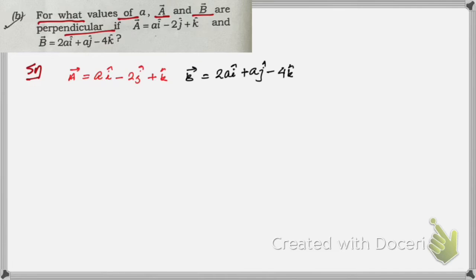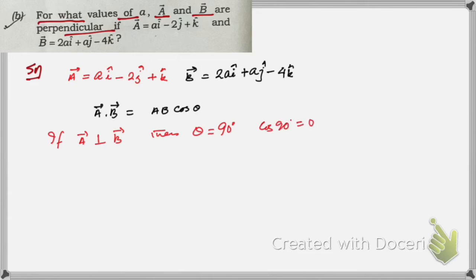We know that the dot product of two vectors, a dot b, is equal to ab cos theta. Now to be perpendicular, theta must be equal to 90, and cos 90 is equal to 0. Therefore the right hand side will be 0.